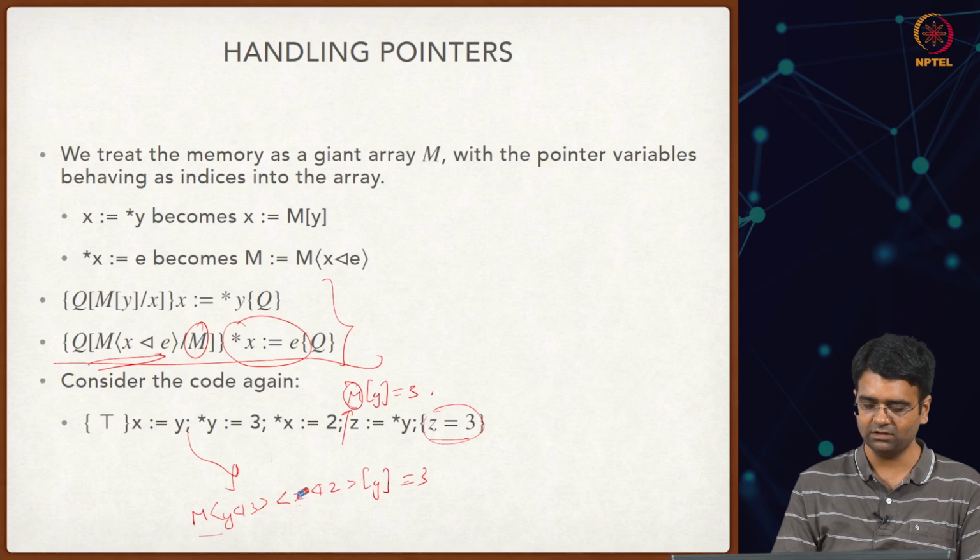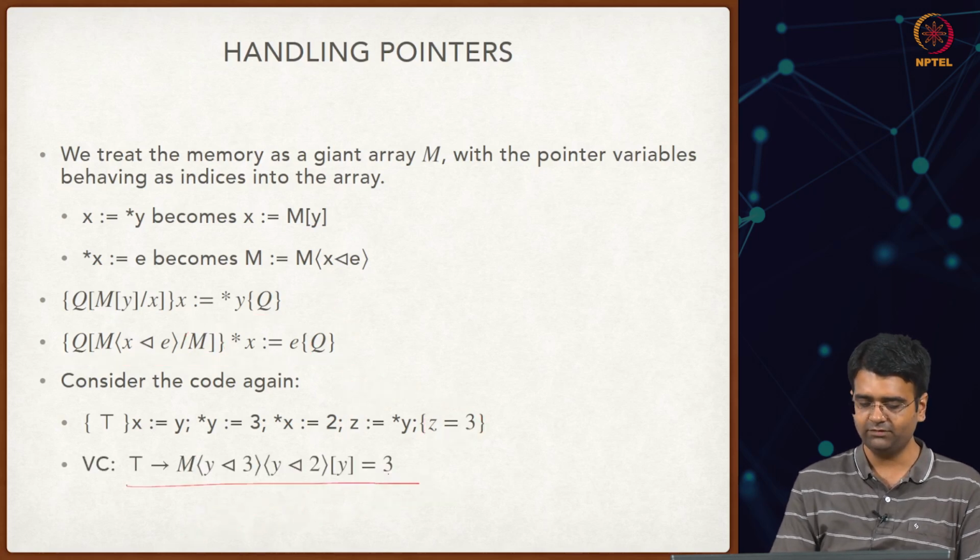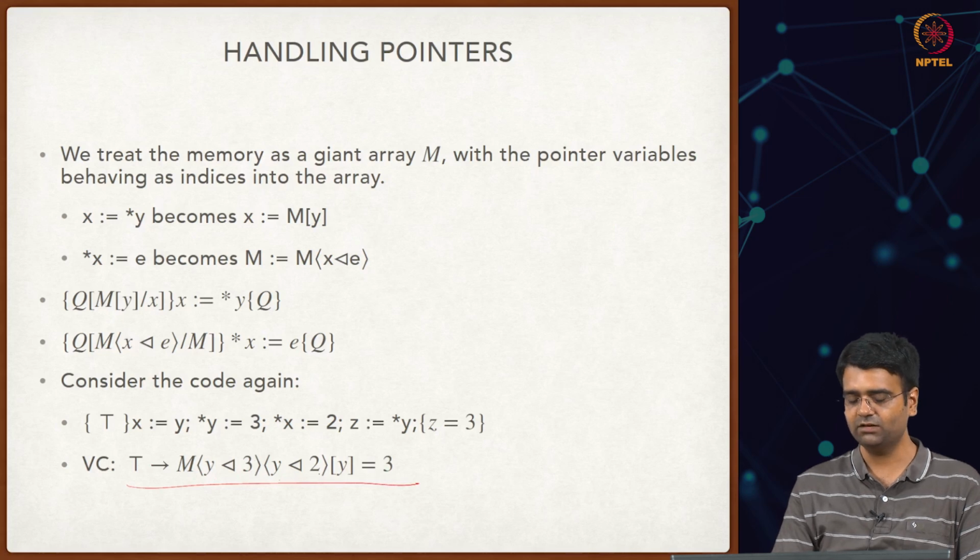There is one occurrence of x, so I replace it with y. So I am going to ask, is this true or not? This is the VC that will be generated: does true imply that m, where at index y you are storing 3 and then at index y you are storing 2, read at the particular index y, is it equal to 3?